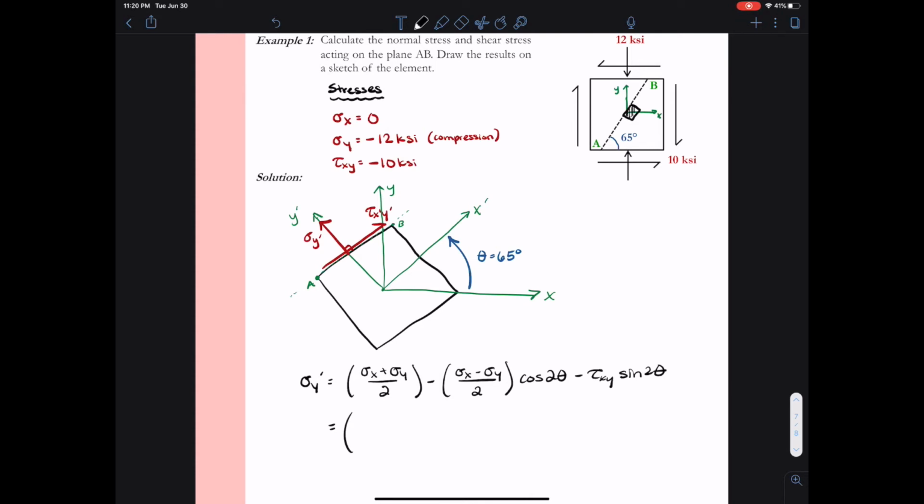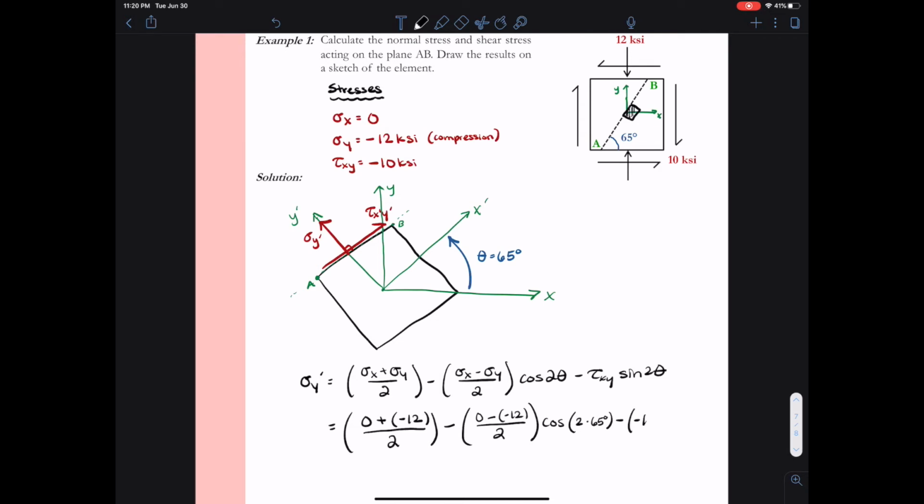Now, as we plug our values into this sigma y prime equation, I just want to caution you that we have to be careful with our algebra. So we have signs on our stresses, and we want to make sure those signs get substituted correctly into the formula. And so, like we see, we have 0 plus the negative 12 over 2 minus quantity of 0 minus a minus 12, so that minus minus will become plus.